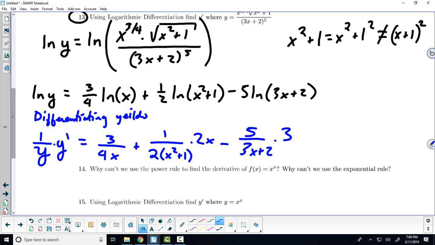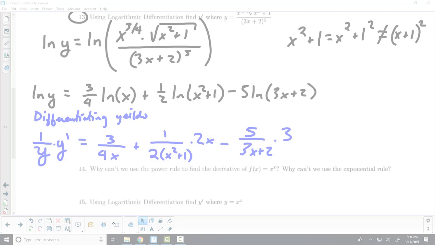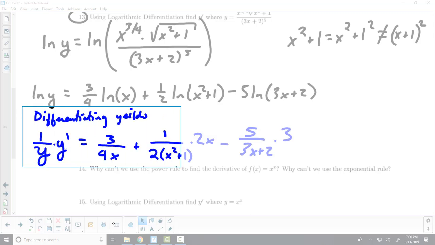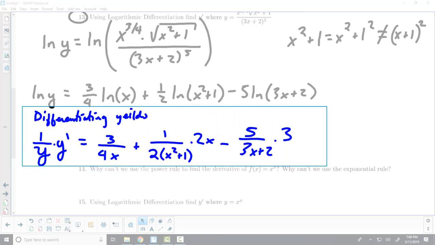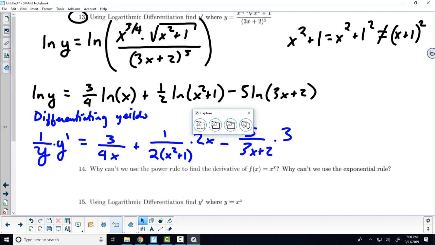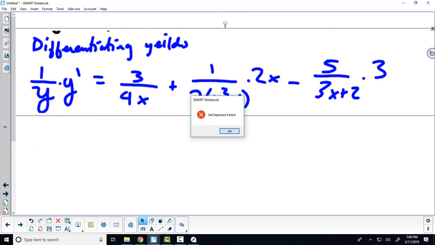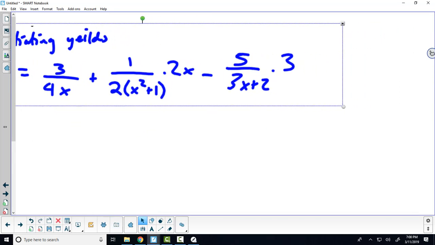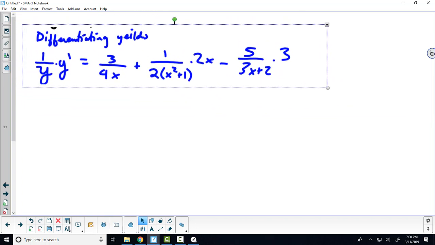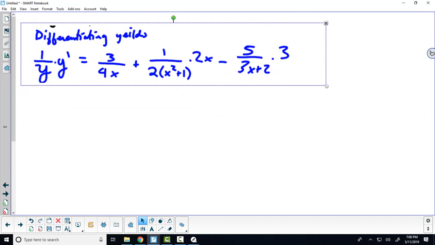Take a look at those, make sure they all make sense to you. Any questions on that? Okay.